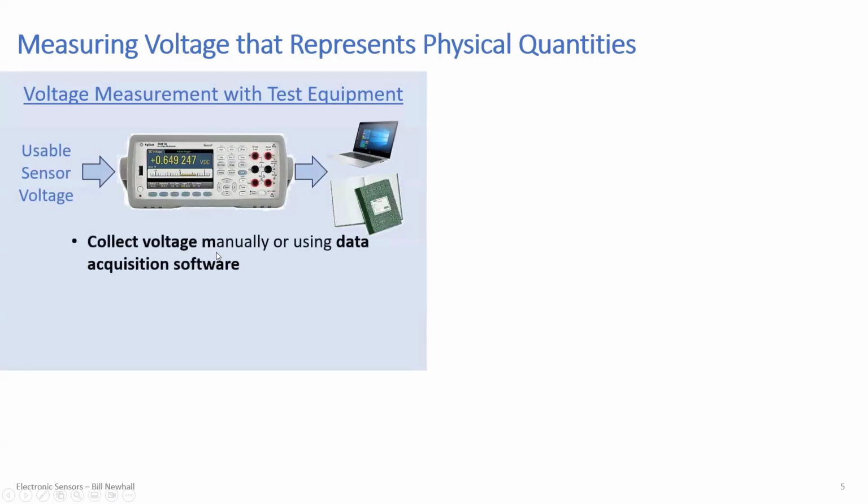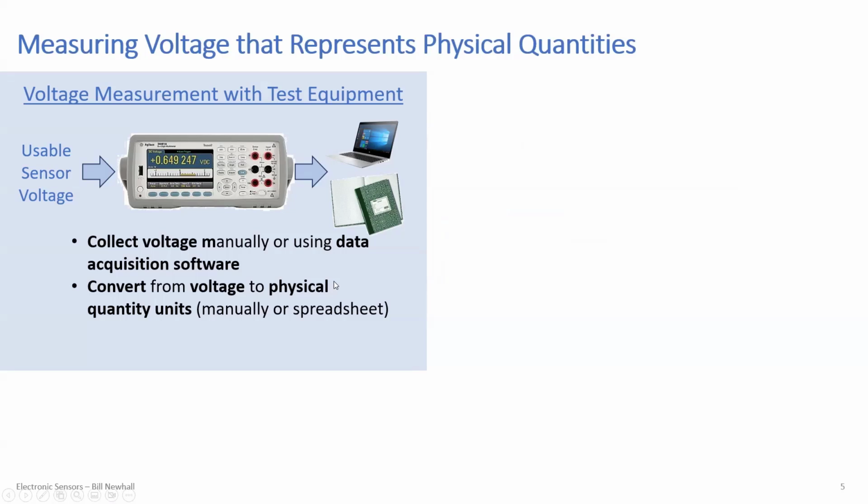You can collect voltage manually or using data acquisition software, using benchtop or handheld voltmeters where you can read the screen, or have some kind of data acquisition software connect to them. And then you're going to convert that voltage to the physical quantity units, like manually using a spreadsheet, maybe in your data acquisition software. And then you'll analyze that data in the physical quantity units.